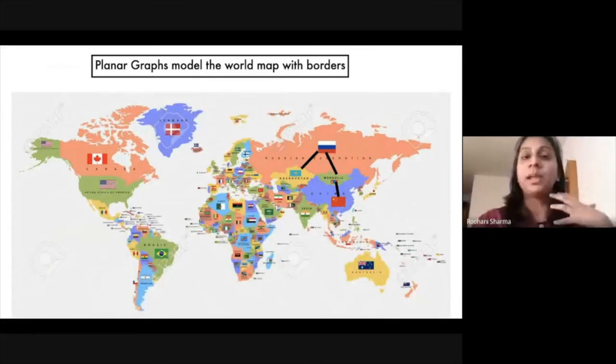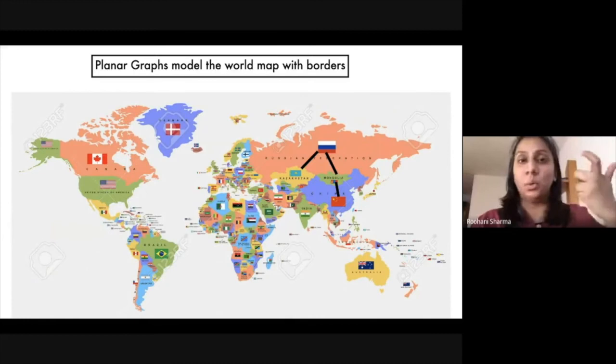If you have vertices representing the countries of the map and edges representing the relation saying that these countries share a border, then planar graphs can nicely capture these graphs. And hence, even if we allow our conflict graph to be a planar graph, this still captures a lot of problems, because a lot of times conflicts happen with neighboring countries. So this is still a good enough result.